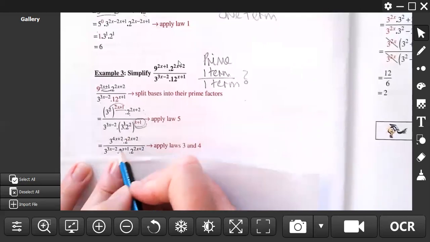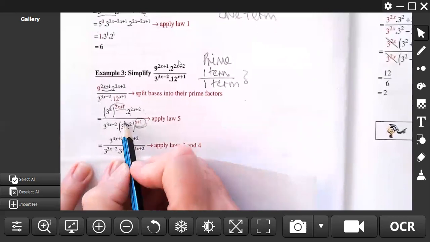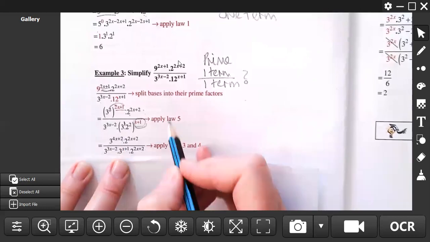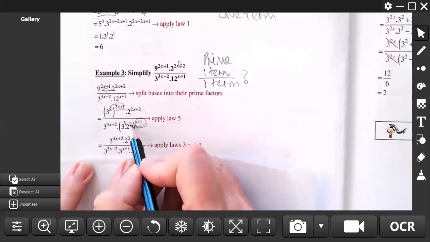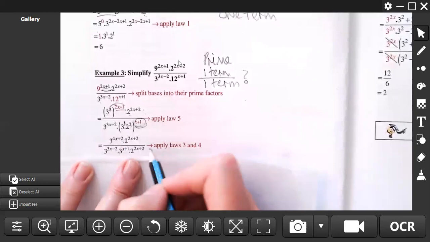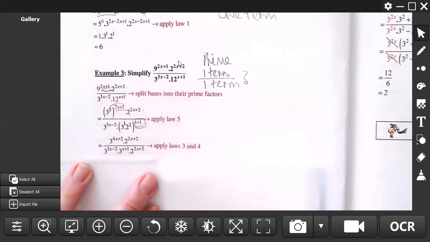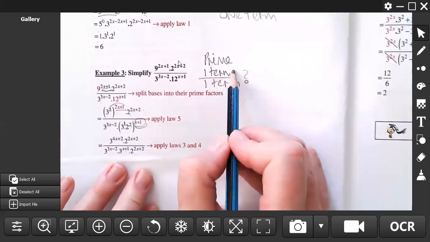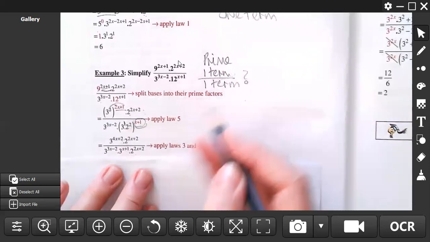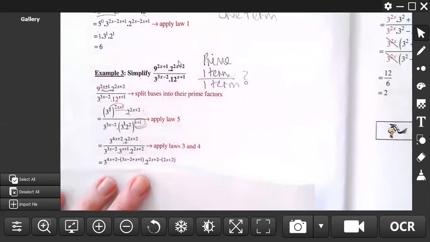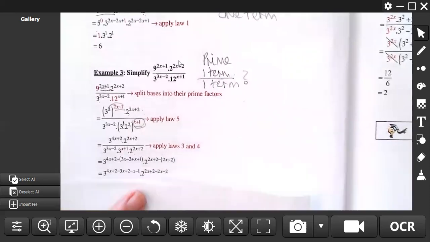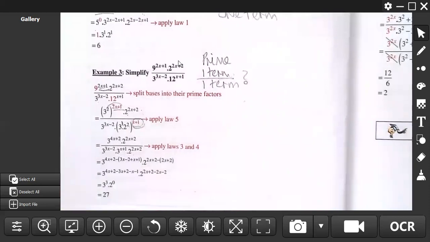So it's 3 to the power of 1 times x plus 1, 3 to the power of x plus 1. 2 to the power of 2 times x plus 1, 2x plus 2. And because we've got one term in the numerator and one term in the denominator, I can add and subtract all the exponents, and that's what we get, and we get 27.